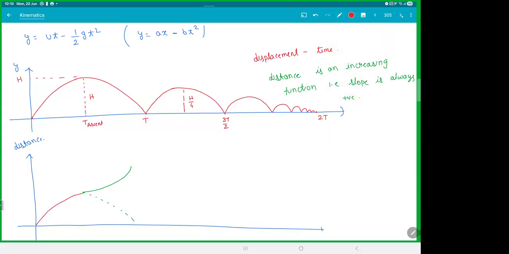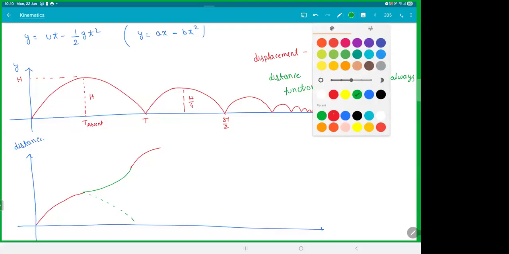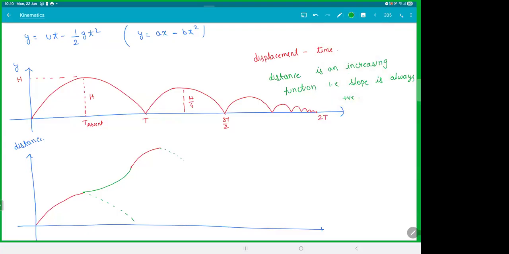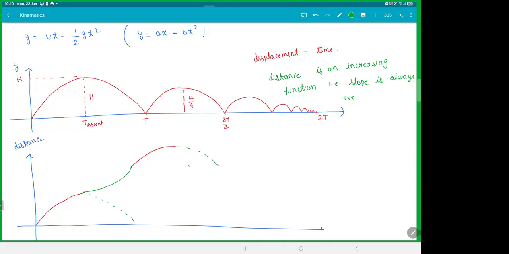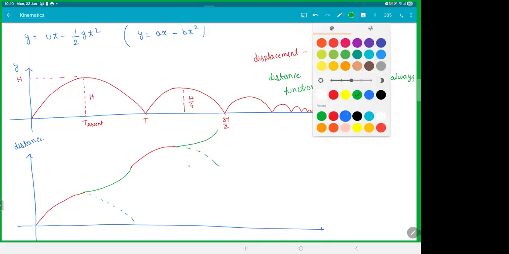Then again, the function is increasing, so no problem. Whichever is increasing, put it there. Again, the graph will flip. It was supposed to be down, flip it up. So this part which is coming down, this will flip up, right? And then again, it will keep going up.